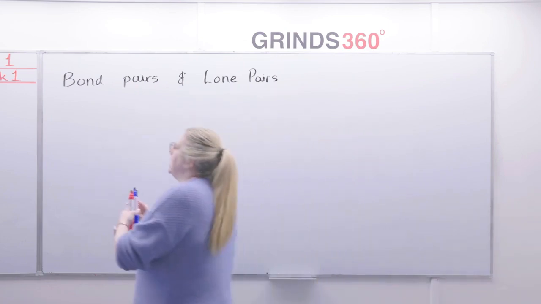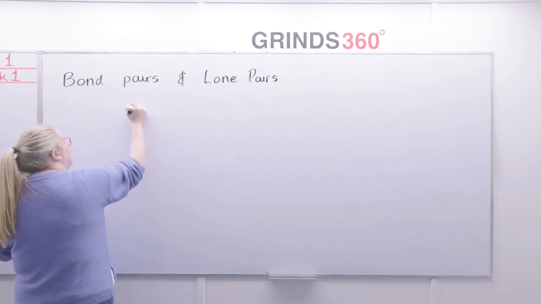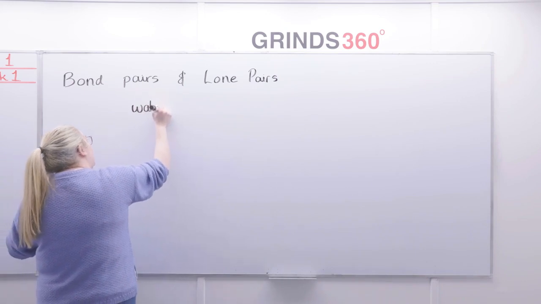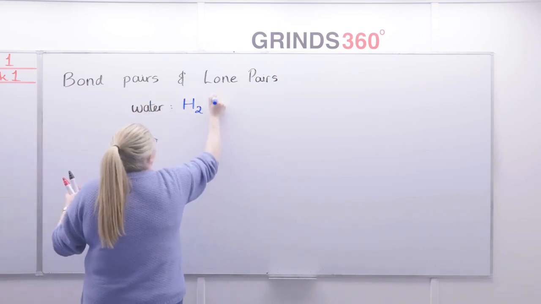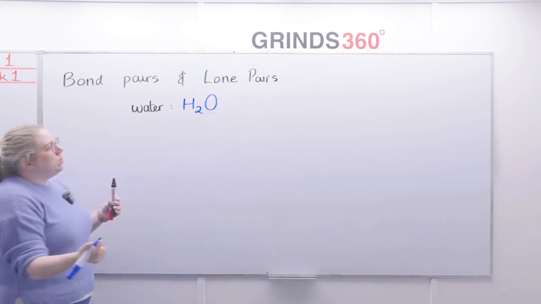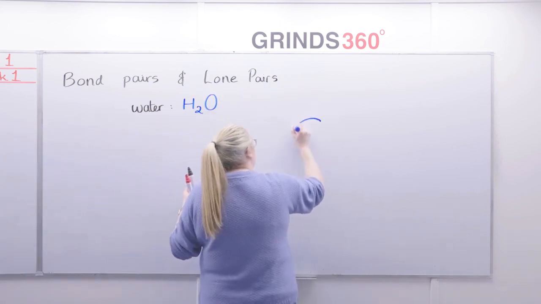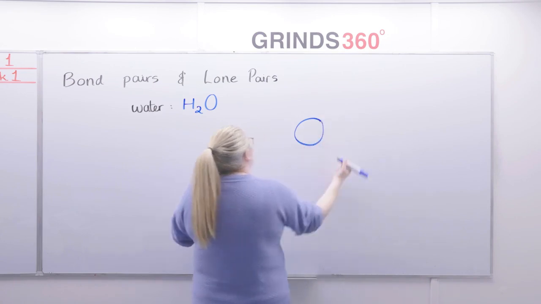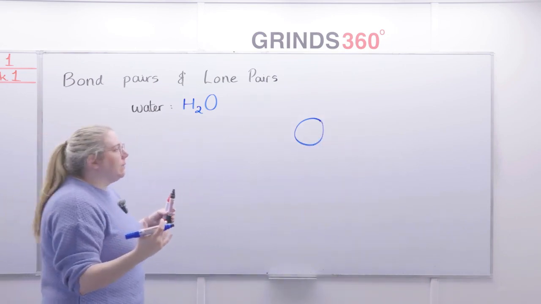Now, in some cases, so if I was to draw an atom or a molecule of water, the formula of water is H2O. 1 oxygen and 2 hydrogen atoms. If I draw in the oxygen here, now in a few minutes I'll show you how to draw structures properly, but just go with it for now.